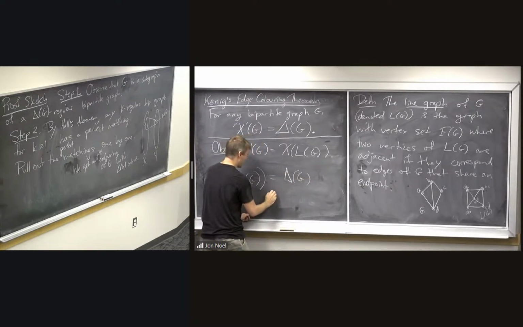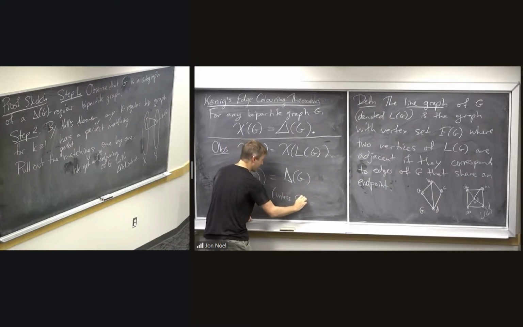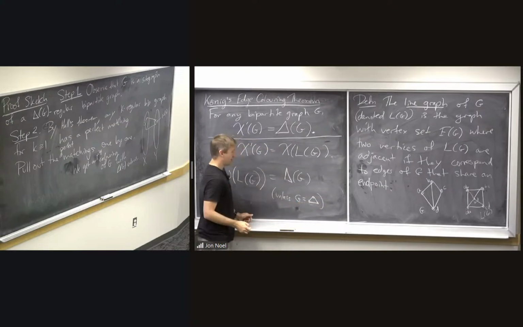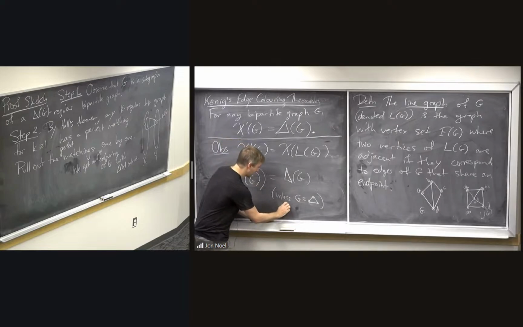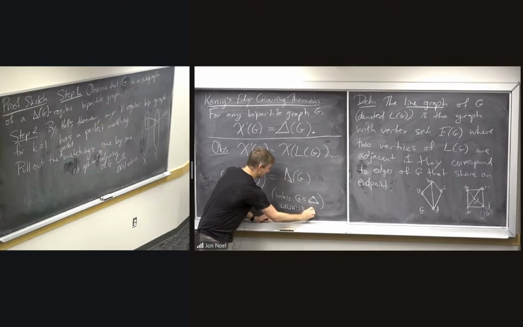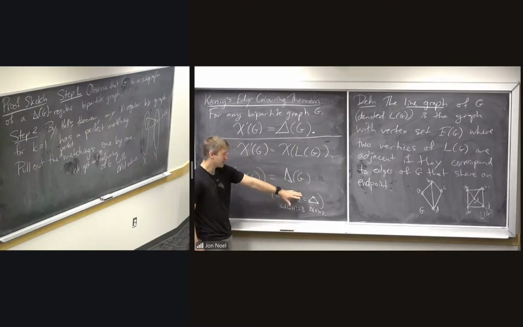Kind of, unless, and there's one stupid case, unless G is a triangle. It turns out that then omega of L of G will be 3, and the max degree is actually 2. But other than this one case, I think it's always the max degree.